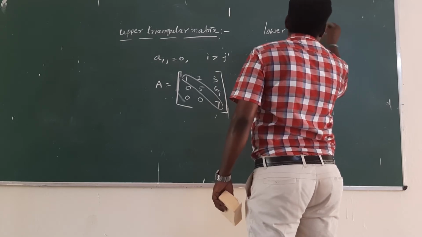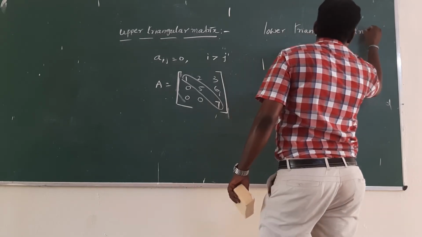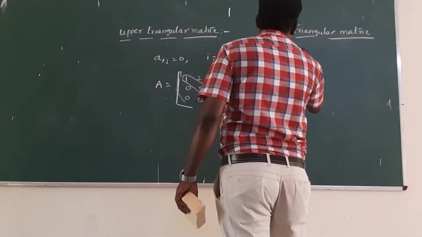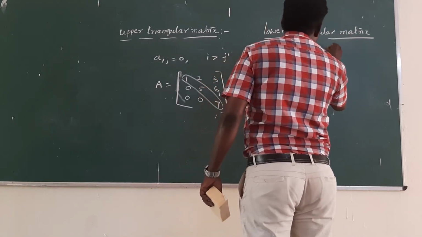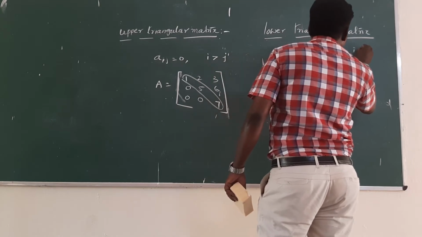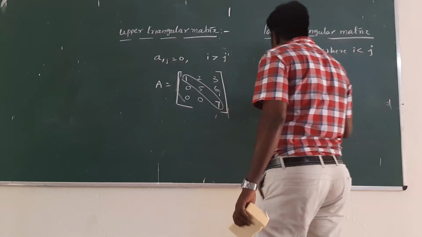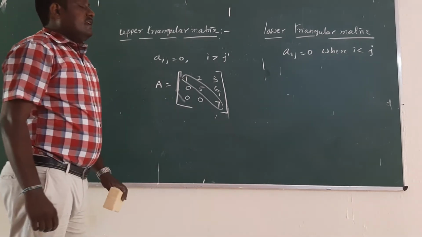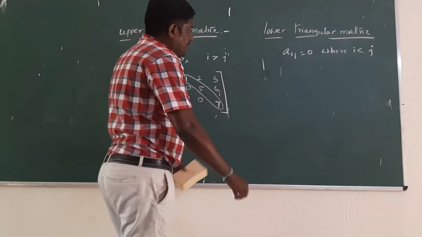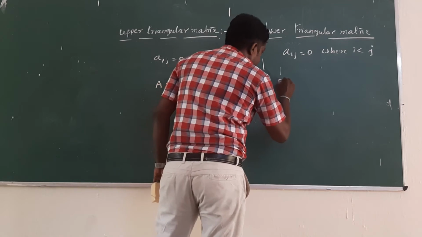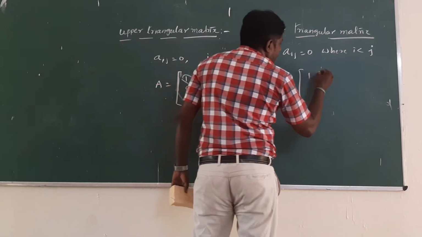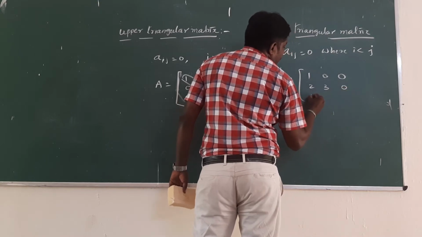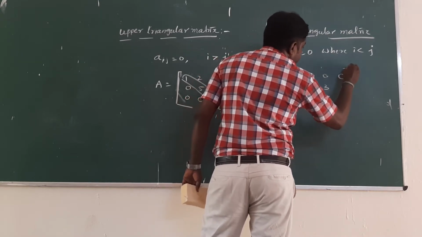Lower triangular matrix. In a square matrix, the elements a_ij are equal to 0, where i is less than j. See the example, matrix B: 1, 0, 0, 2, 3, 0, 5, 6, 7.